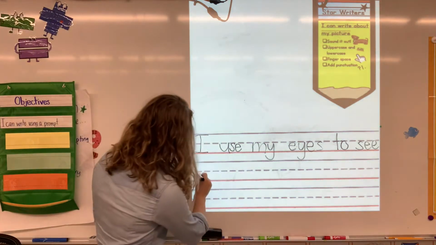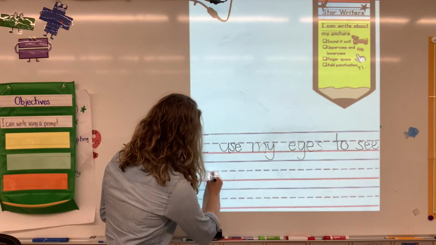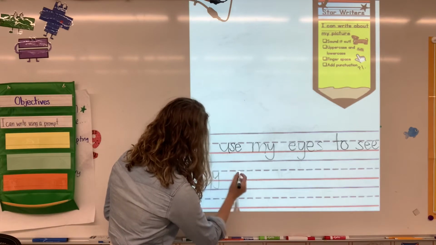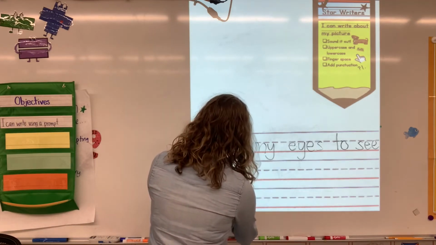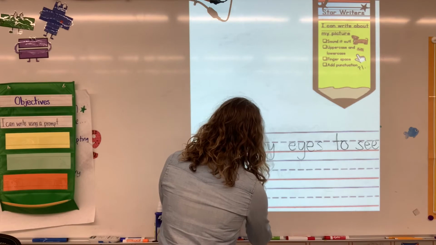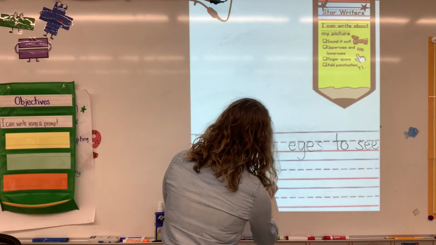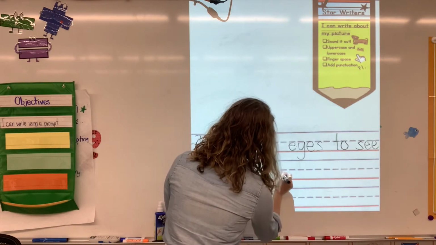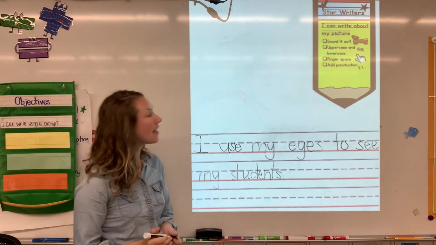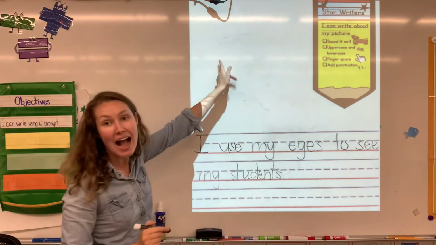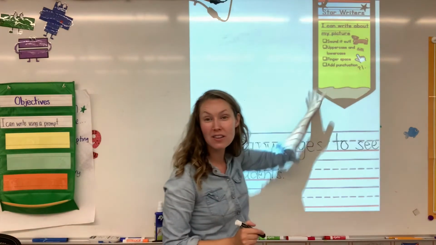So I'm going to write my students, M-Y, students, S-T-U-D-E-N-T-S. And then I'm going to draw my eyes, and then I'm going to draw me looking at all of you.